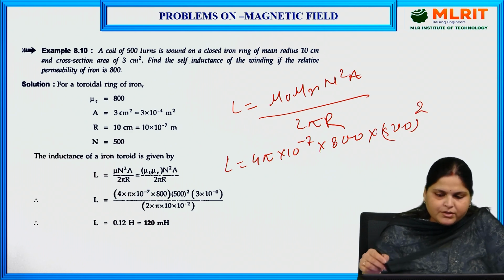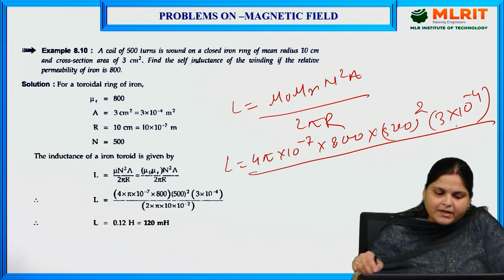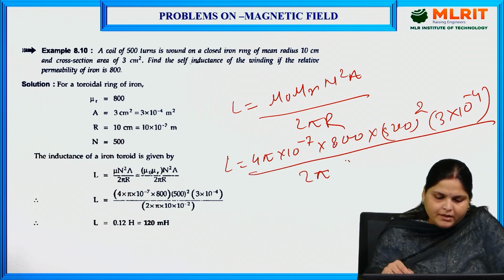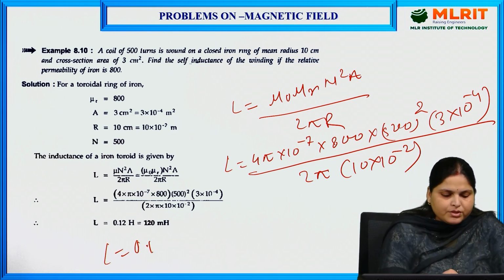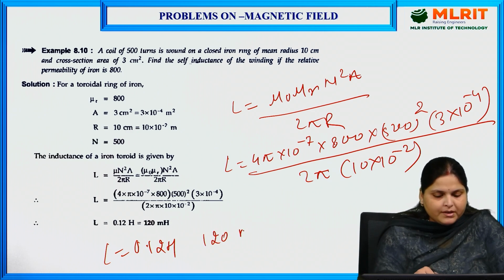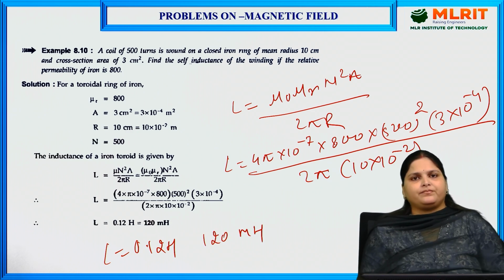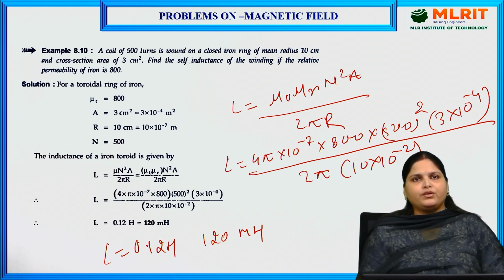A is equal to 3 into 10 to the power minus 4, divided by 2 pi into 10 into 10 to the power minus 2. When we solve it, we will get L is equal to 0.12 Henry or 120 millihenry. That is how we can calculate the inductance of a toroid.